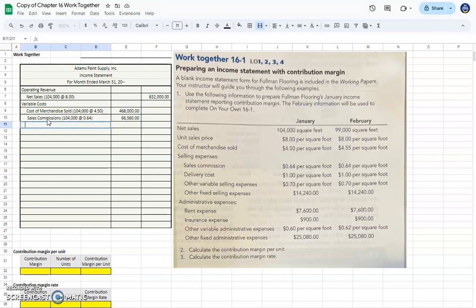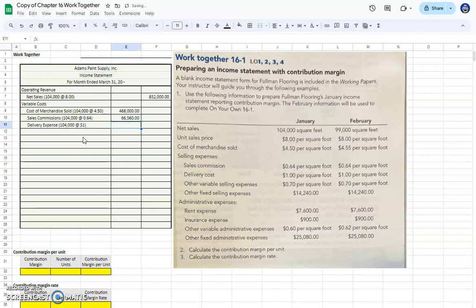The next one down there is delivery expense, or delivery cost. We'll go with delivery expense though. Okay, so that's 104,000 at $1. We just know that that's 104,000.